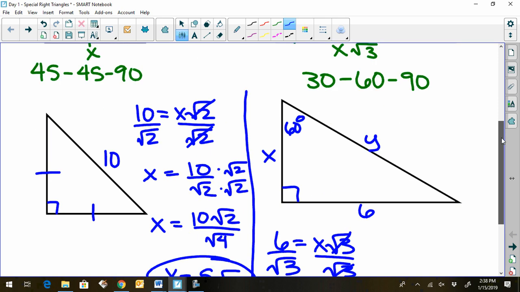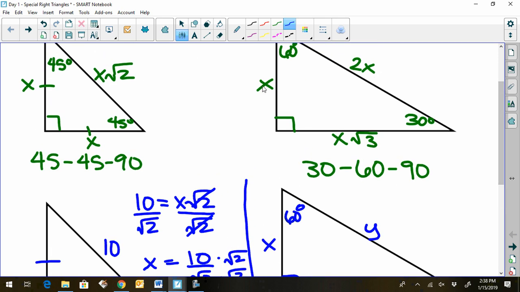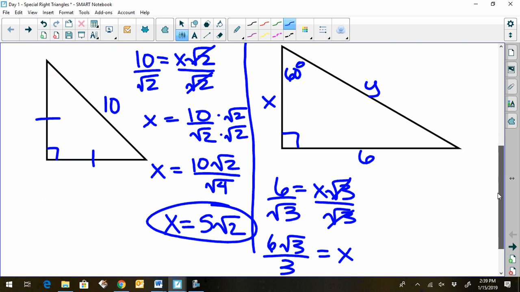We know that y is equal to 2x. We know what x is, so we need to figure out what 2x is using our x. Okay, so we're going to set y equal to 2x.